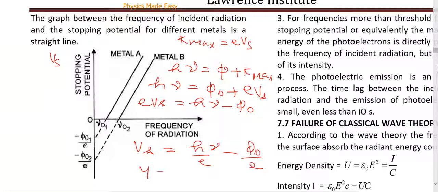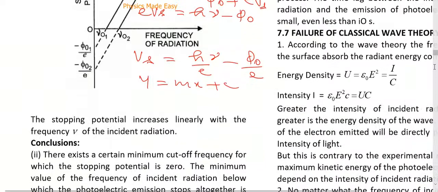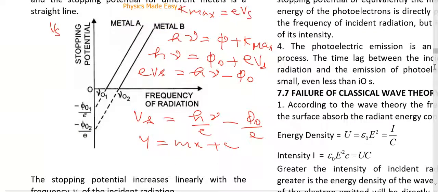If I compare this with y = mx + c, then the slope is h by e and the intercept c is minus phi naught by e.